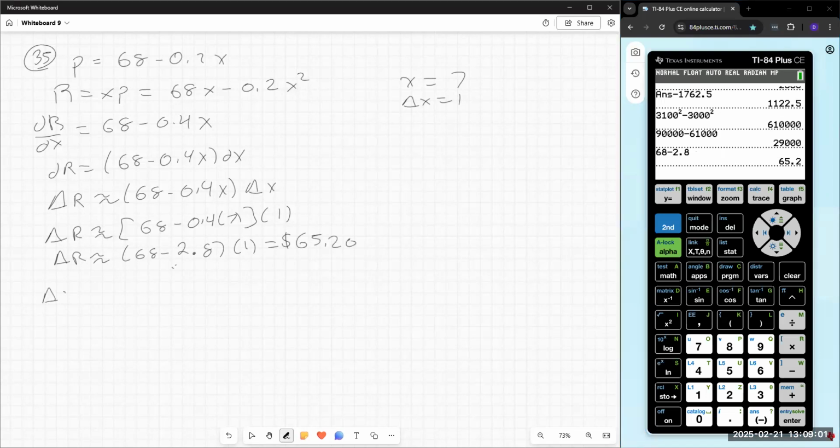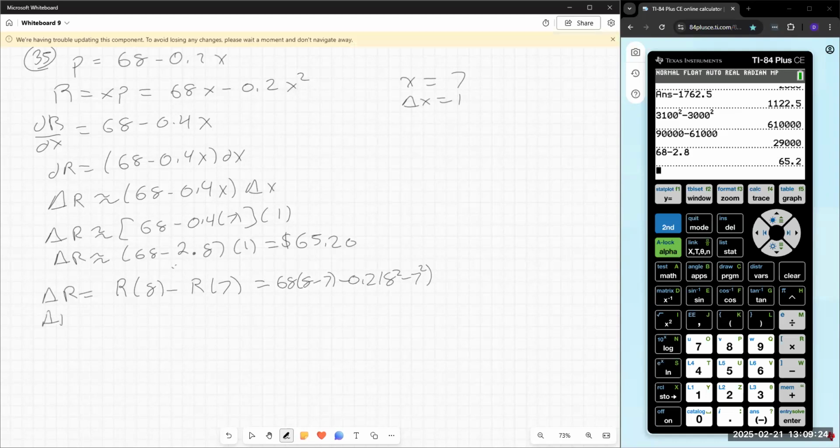Delta r is exactly r of 8 minus r of 7, which is equal to 68 times 8 minus 7 minus 0.2 times 8 squared minus 7 squared.